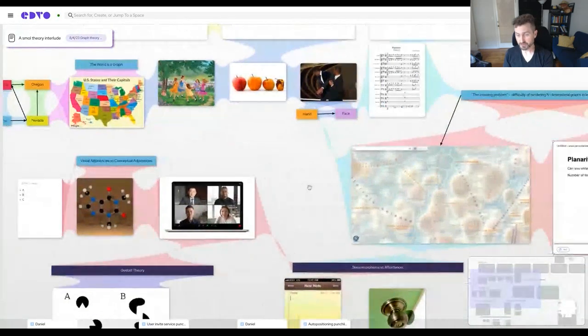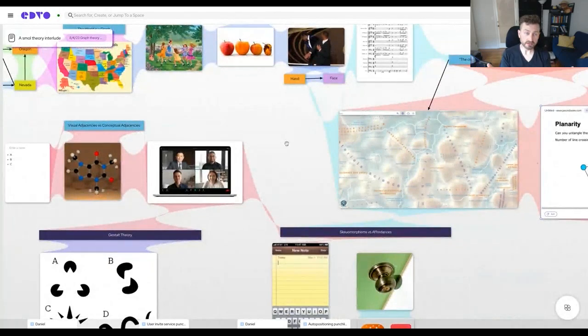So this is one way of looking at visual adjacency versus conceptual adjacency. Conceptually, we are unlimited in terms of what we can model. We can connect any concept in the universe to any other concept in the universe. Physically, there are some constraints. You're constrained by spatial dimensions. But when we record things that are distant, we're creating a conceptual model.